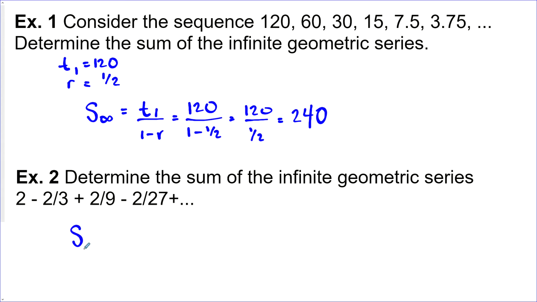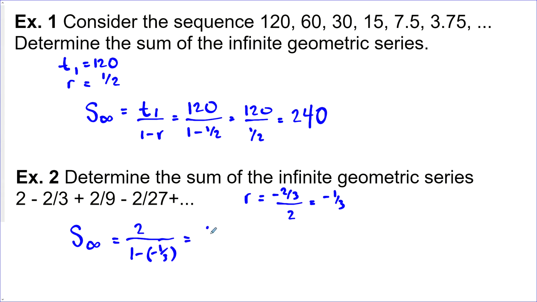Let's do the next one. So our infinite sum is our first term here, and now our common ratio is negative, so our ratio here is negative 2/3 divided by the previous term here, which is 2, and so our common ratio is negative 1/3. So in the denominator here, 1 minus negative 1/3.